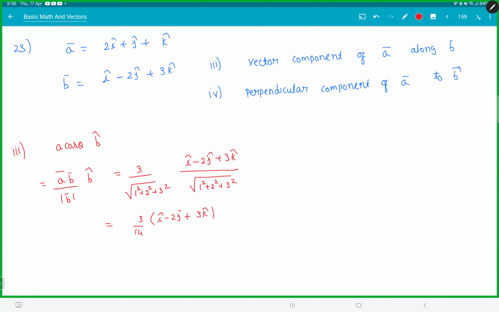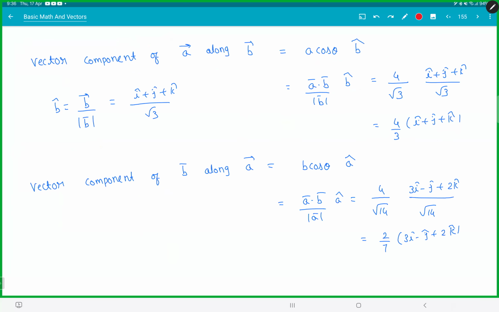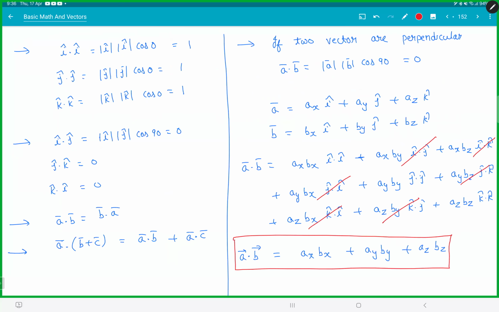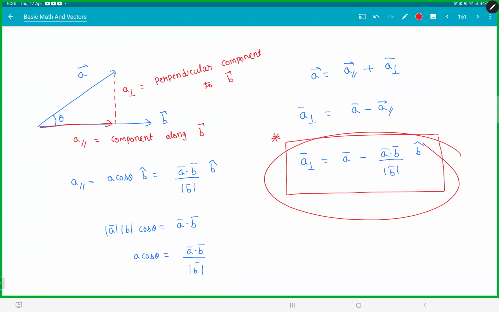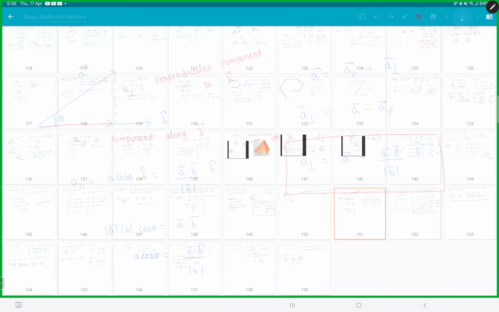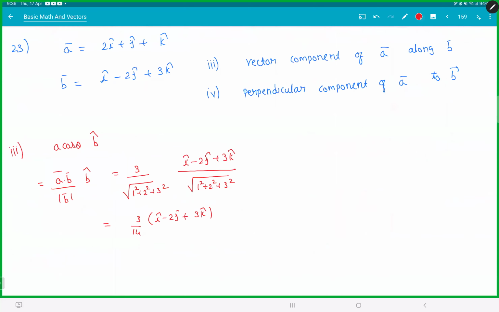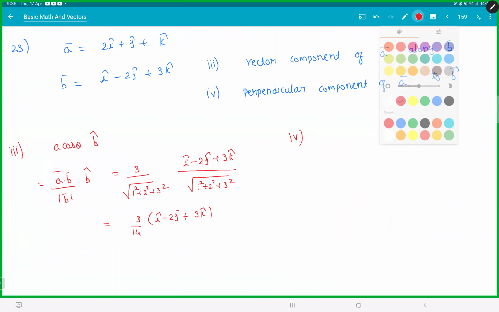Now how to get the perpendicular vector? One, if you can remember this formula, you'll get it. But this is too big and too confusing to remember. But try to use the logic here. Listen to the logic.